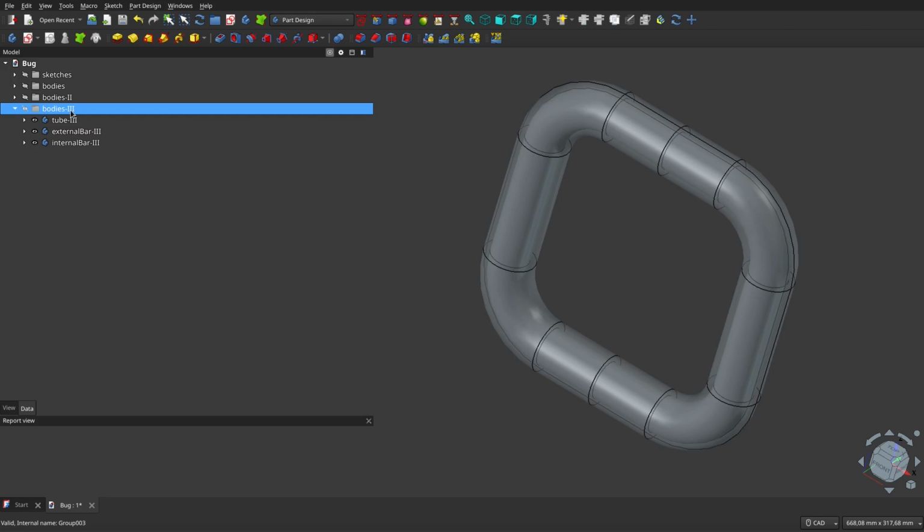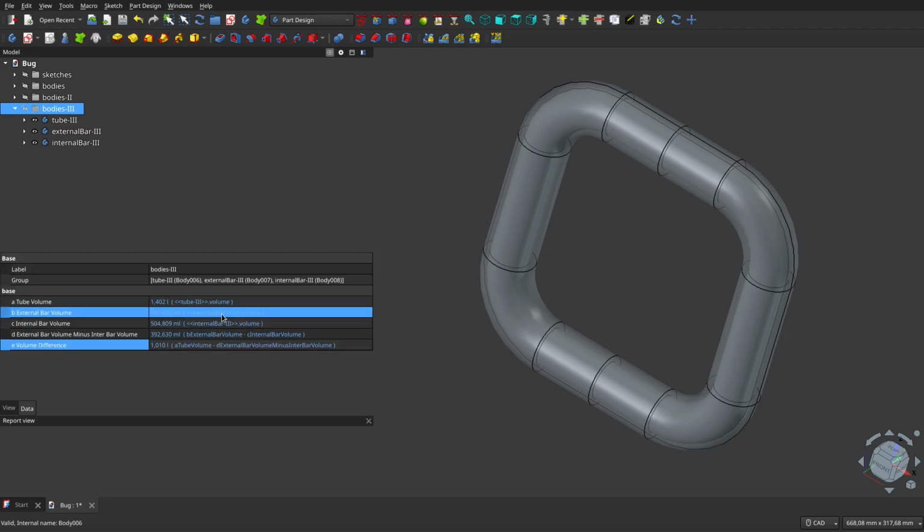Notice that we have nearly 900 here, and a little over 500 there. Therefore, 900 minus 500 should be around 400, right? Which would be the volume of the tube. However, here the volume of the tube shows 1400.